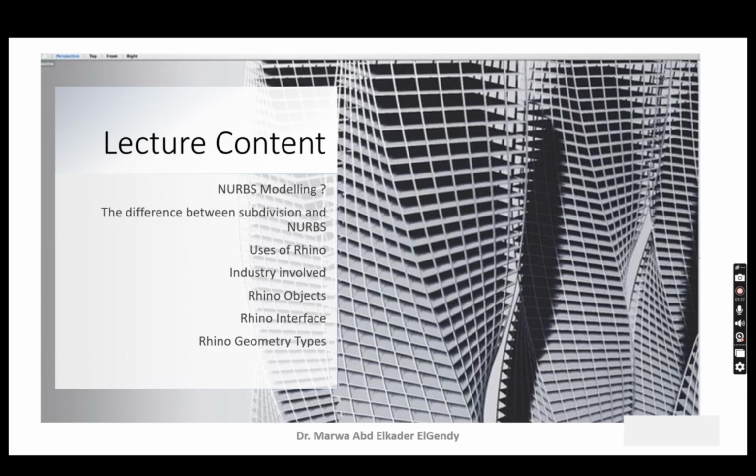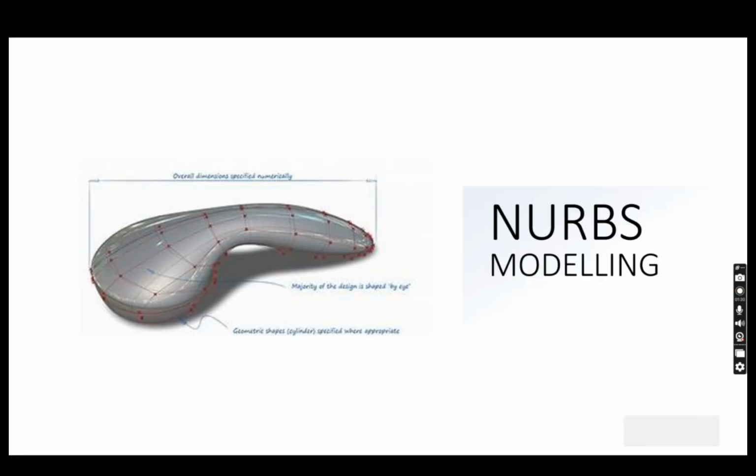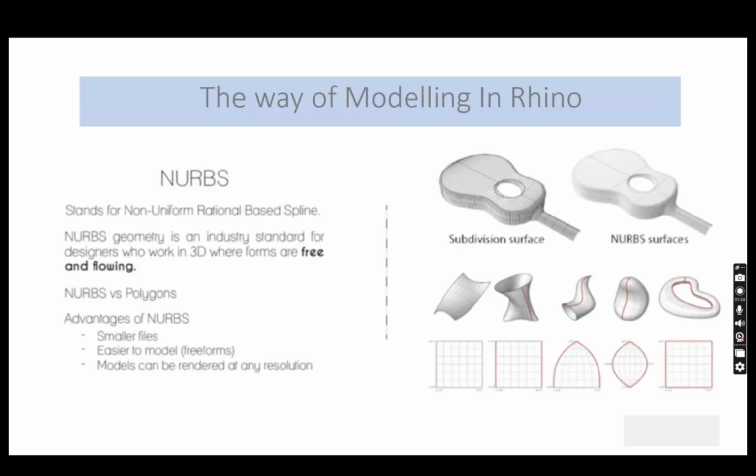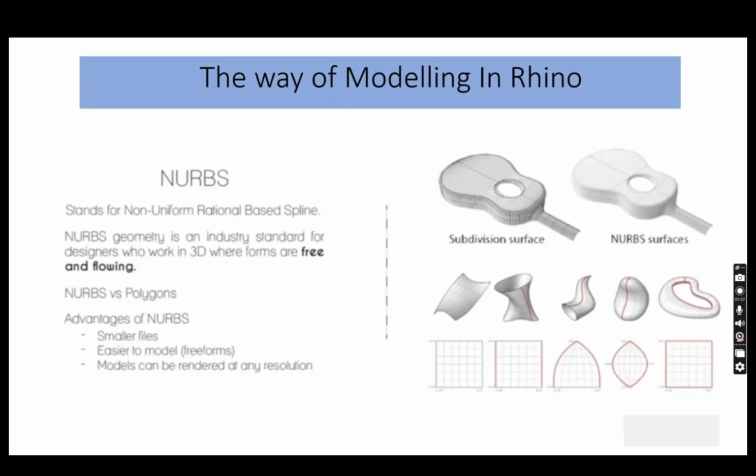First, we'll talk about NURBS modeling and the difference between subdivision and NURBS, the uses of Rhino, the industries involved, Rhino objects, the Rhino interface, and Rhino geometry types. First, what is NURBS modeling? We need to understand how Rhino understands our model.